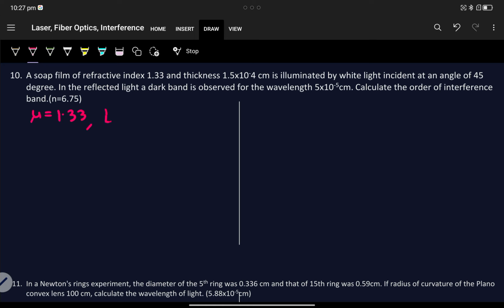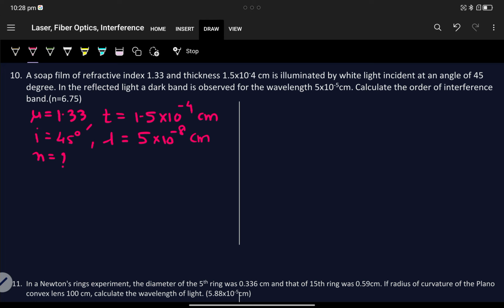We have given thickness 1.5 into 10 to minus 4 centimeter. Angle of incidence is given 45 degree. Dark band is observed and wavelength is given 5 into 10 to minus 8 centimeter. Order of interference band. So we need to calculate the maximum order n.